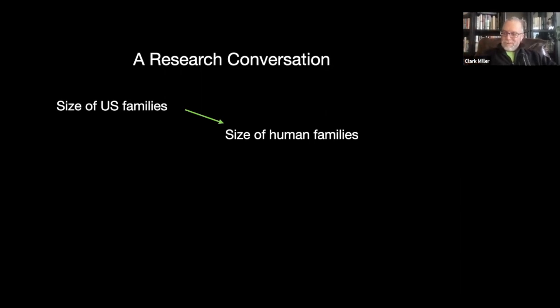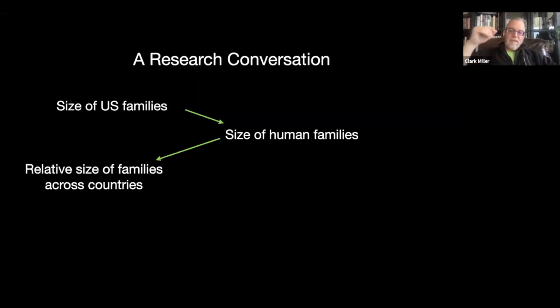Or a contribution that added to the conversation. The conversation started with US families, but now it's looking internationally at all families, right? And then somebody else came along and said, well, wait a minute. If you look at the data here, you don't just see that there's an average family size for all humans.